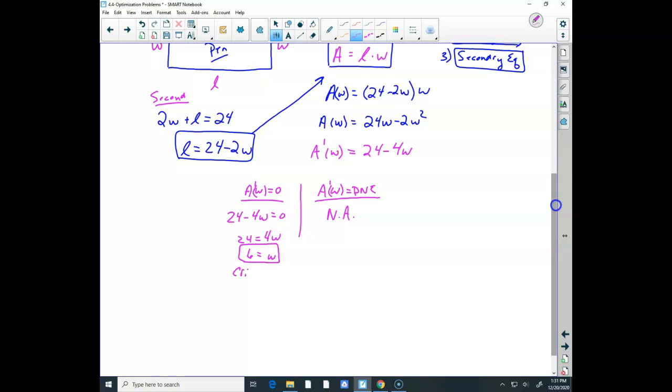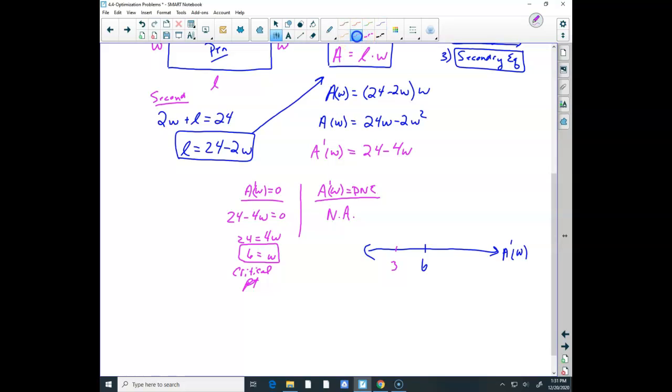That's a critical point. And to find maximums and minimums, every time, didn't we take our critical point and put it on our number line, our A prime of W line? I only have one critical point here, 6. And if I test both sides of it into my derivative, maybe I take 3.